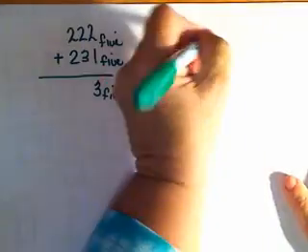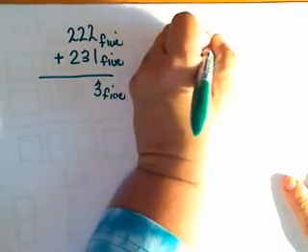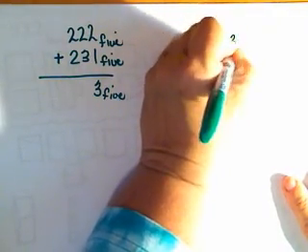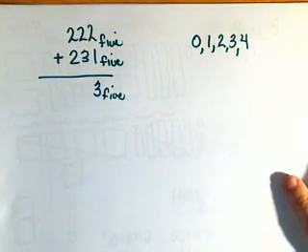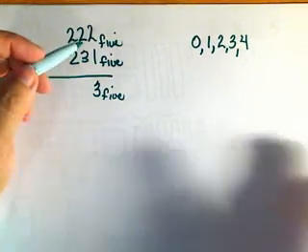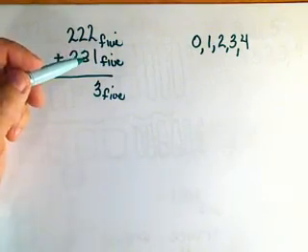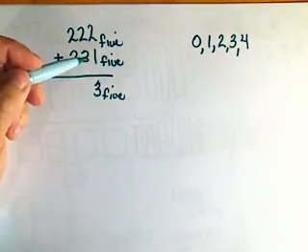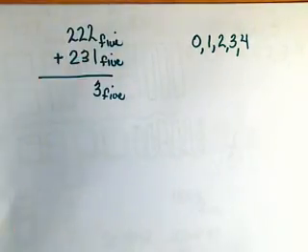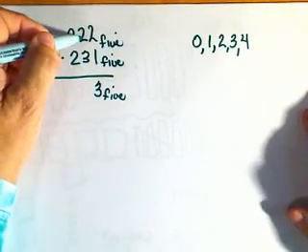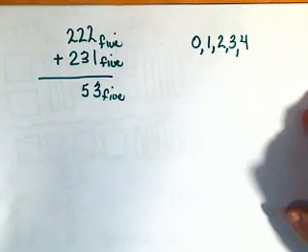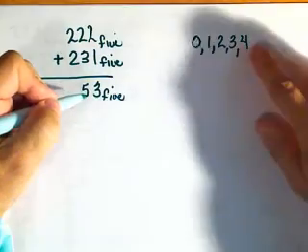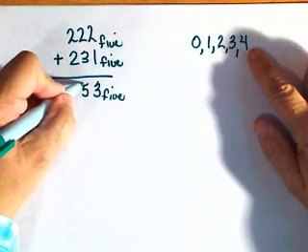Now remember that the only digits I can write are 0, 1, 2, 3, and 4. Once I get to 5, I have to carry. Okay? Because that's like in base 10, I can write 0 through 9, and once I get to 10, I have to carry and trade. Okay, so here I have 2 plus 3 is 5. Alright, but I can't write down a 5 because it's not one of these digits.